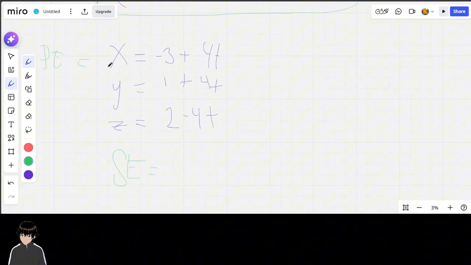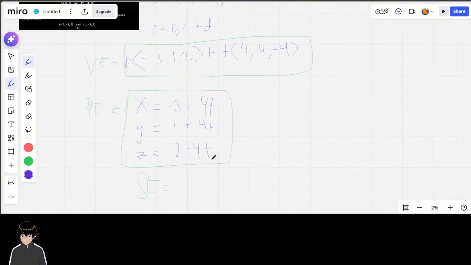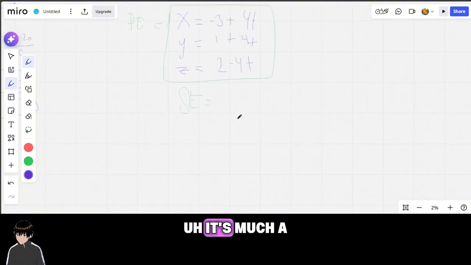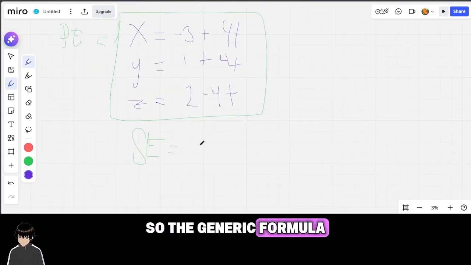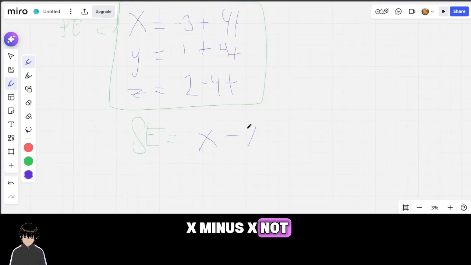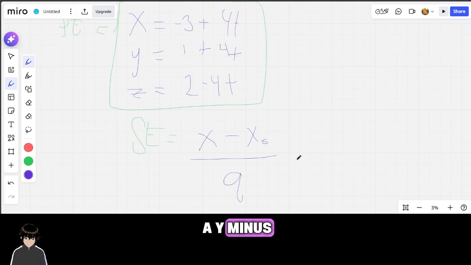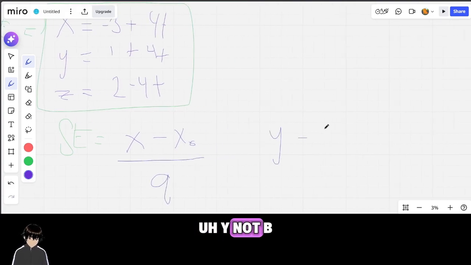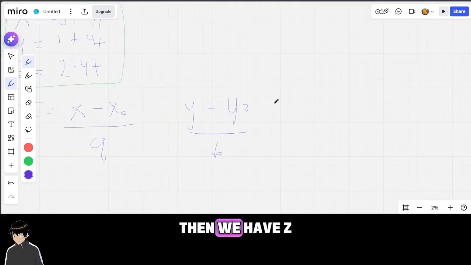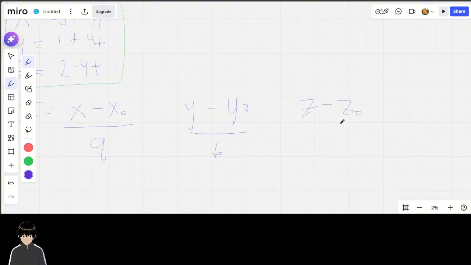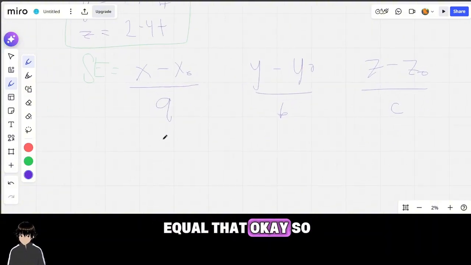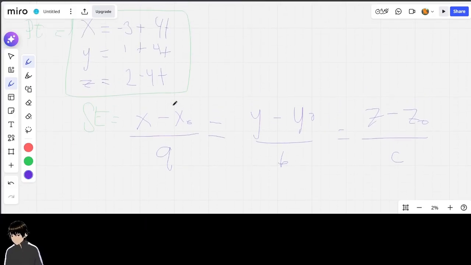Now we're trying to find the symmetric equation. I may be wrong on Z, but the generic formula is x minus x naught over a, y minus y naught over b, z minus z naught over c, all equal. So let's just substitute the numbers.